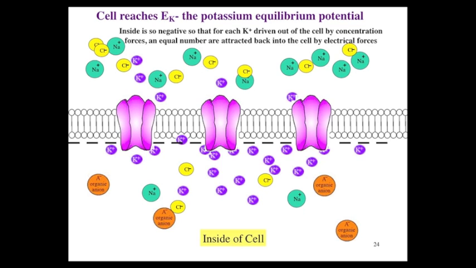This is exactly the same thing that we went through in the previous movie. And this happens only if the cell is purely permeable to potassium and to nothing else. The cell is neither gaining positive charges nor losing positive charges at this point. That's why it's at equilibrium.